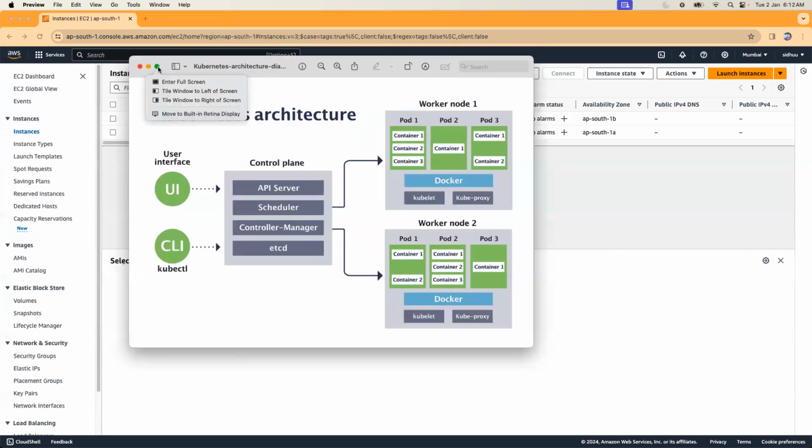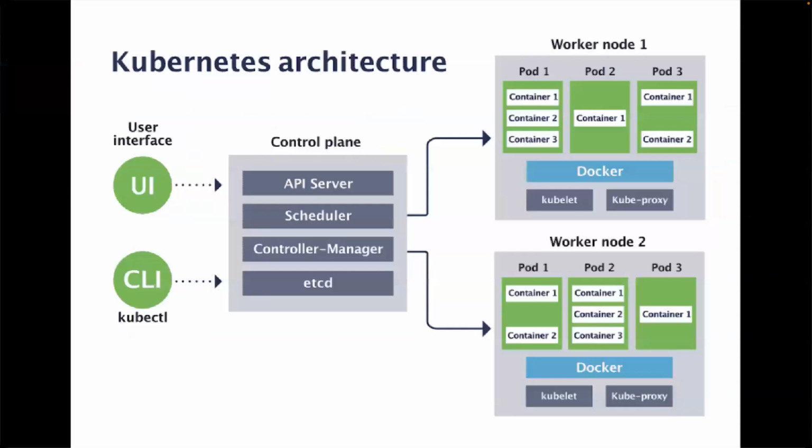Can you all see this architectural diagram? Yes. So this is the Kubernetes cluster. We already learned what a cluster is. What is a cluster, by the way? A group of hosts performing a particular task. A group of Docker hosts. What is a Docker host?